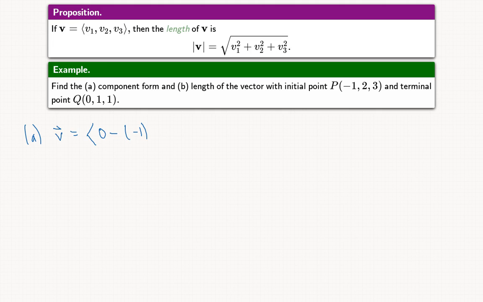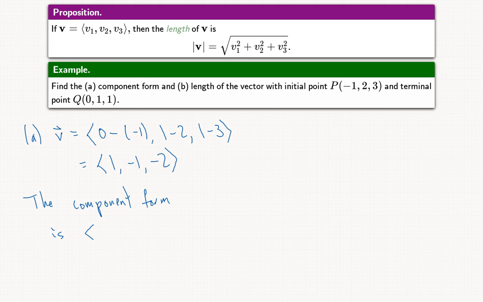So 0 minus -1, 1 minus 2, 1 minus 3, and that'll give us 1, -1, -2 for the component form. So that's our answer for A. Component form is 1, -1, -2.